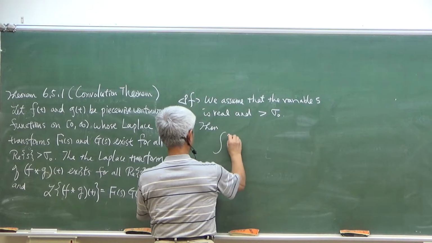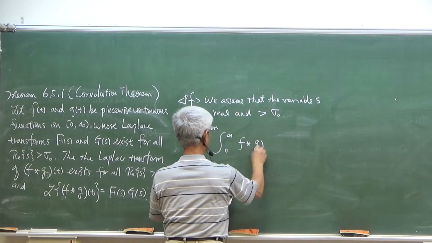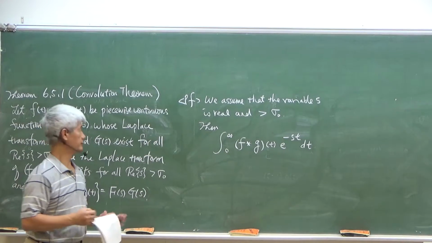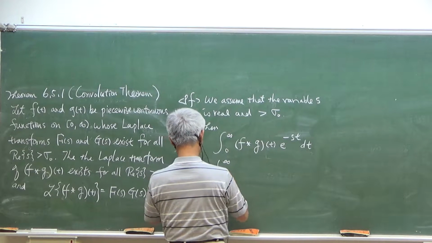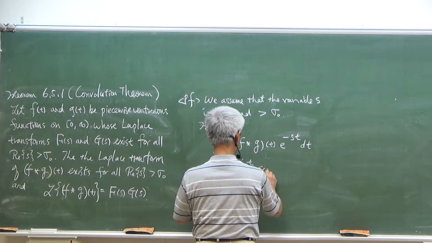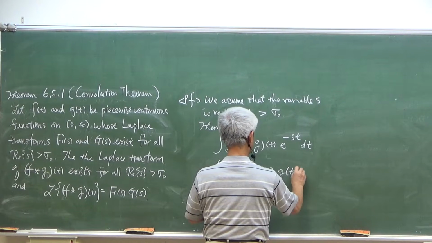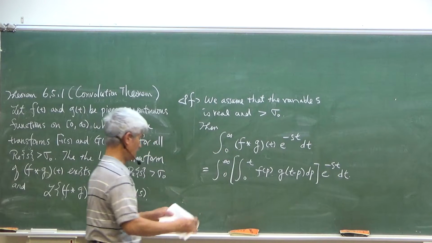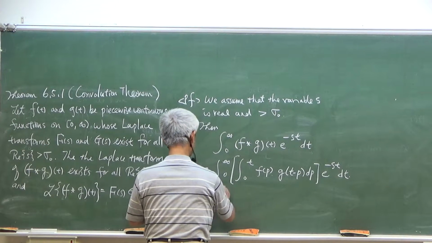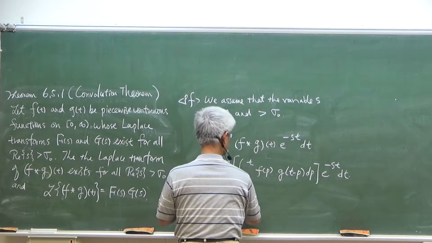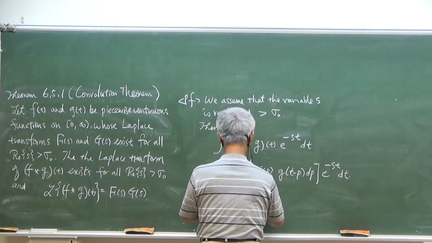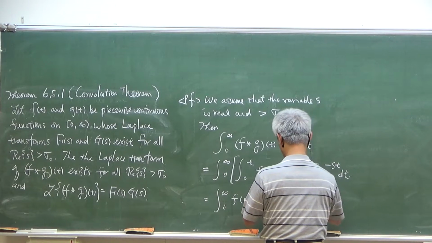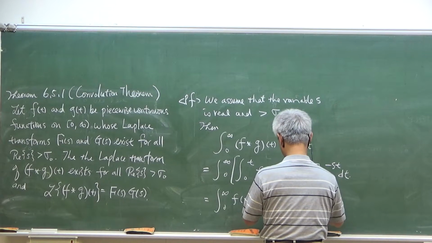Now we try to evaluate this thing. By definition, this is the integral of f of p, e to the minus s p, dp, and g of t minus p.